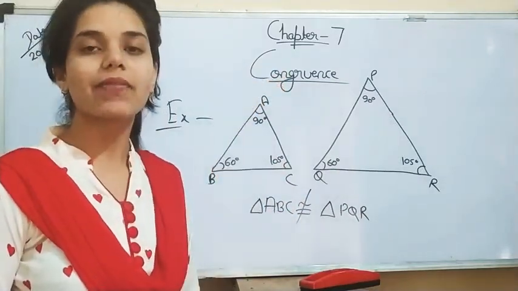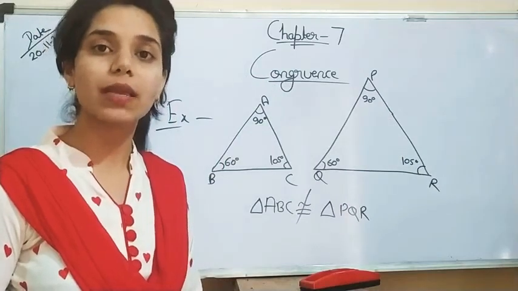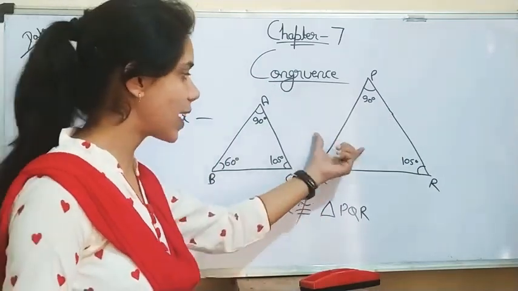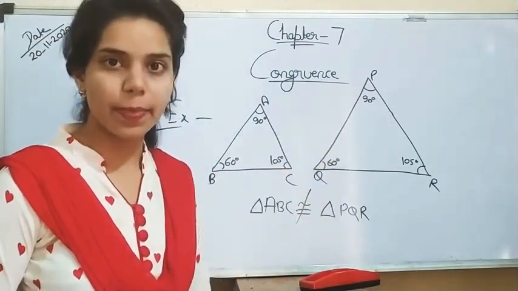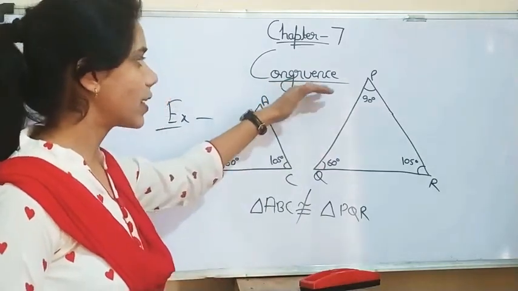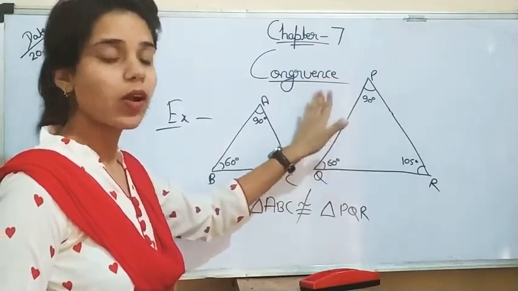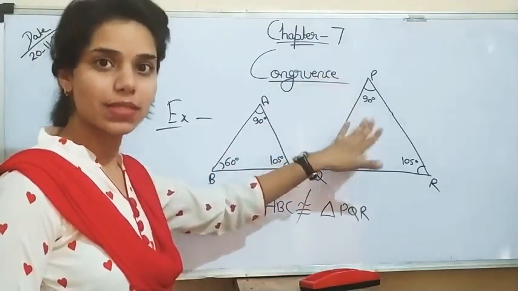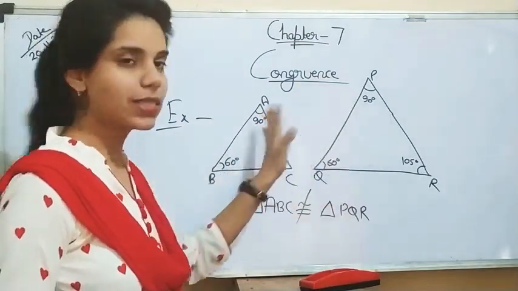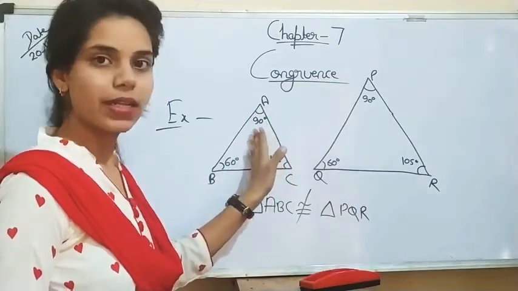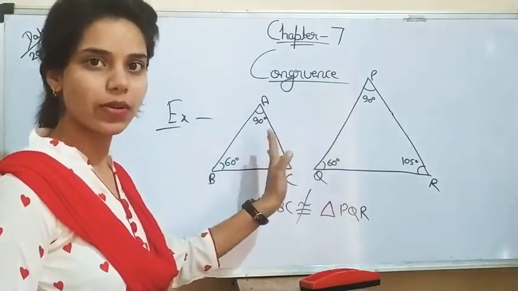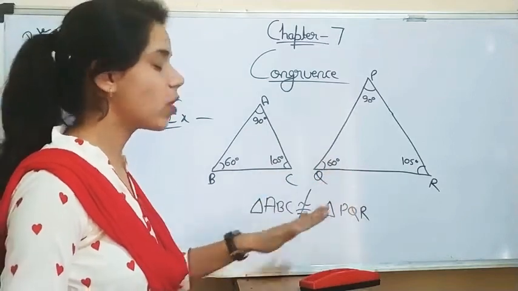Congruency means they are of the same size and the measurements of their sides must be the same, okay? The definition of congruency is that they must be of the same length and size, but these are of different measurements. They do not have the same size, okay? So both triangles are not congruent.